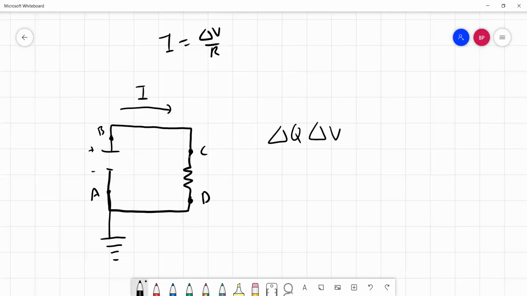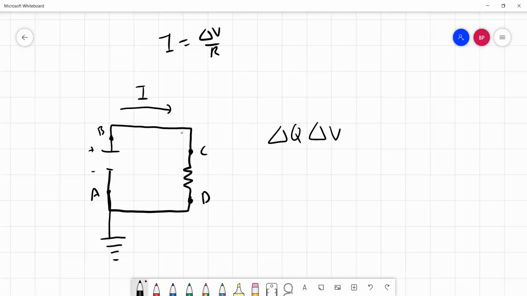So as the positive charges travel from C to D, they actually lose all of this energy that they gained. We talked about this before. If you go across a closed loop in a circuit, the total voltage has to add up to 0 as you go across. We'll talk about this more in the next chapter.